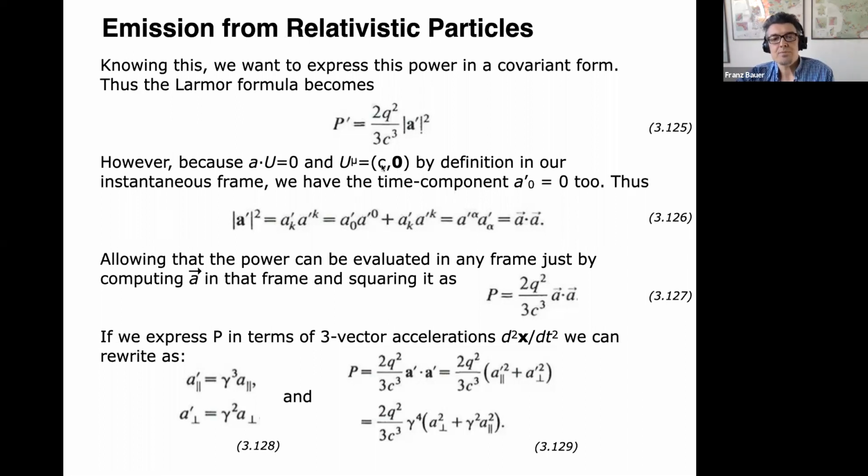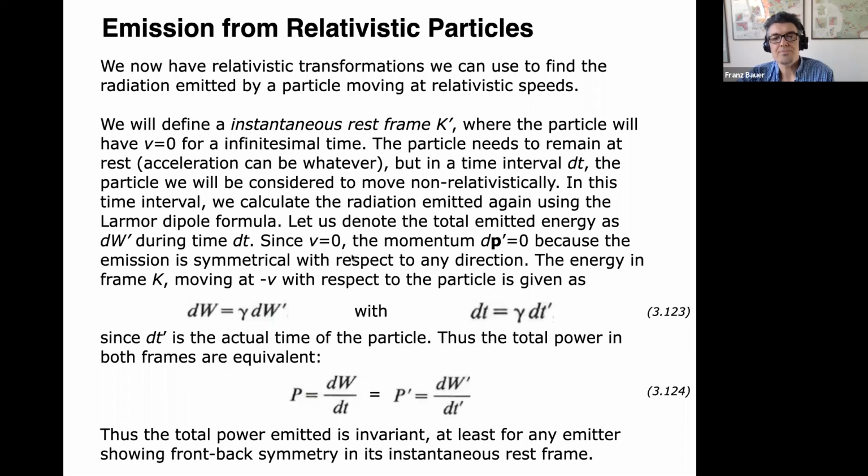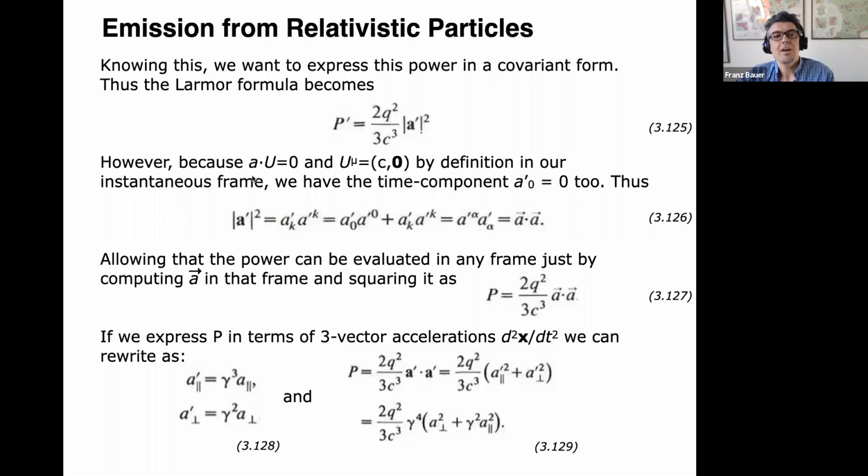This just comes back to our definition of having v equals 0 at the start. So we have a time component, which will end up being 0 in this frame. If we evaluate this acceleration, it breaks out into the time component and the position component, or looks like this in 4-vector nomenclature, or this dot product.